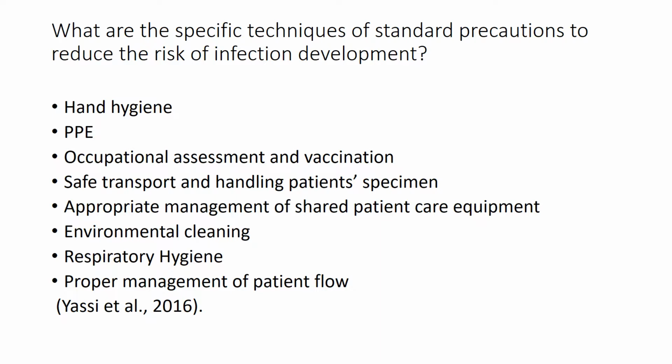Occupational assessment and vaccination are of significant importance. Each physician-hospital organization must monitor and implement a risk-based immunization program for healthcare workers, healthcare students, and clinical personnel following the current New South Wales health policy directives.